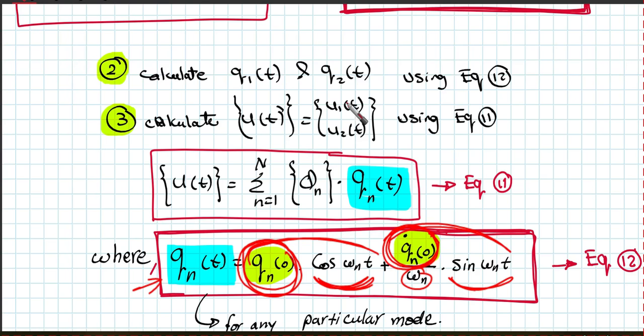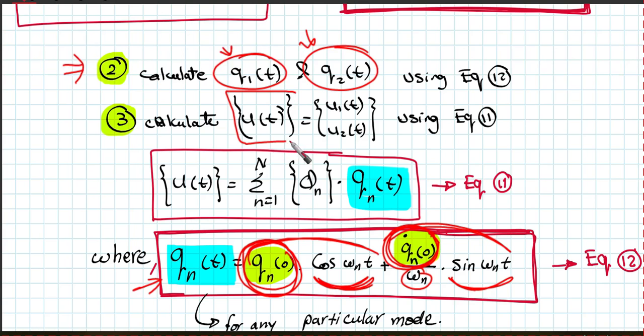So at the end, this is the second step, obtaining q1t and q2t. Well, if we got them, what is the next step? The final step is u of t, the total response at any time t for the first degree of freedom, and the total response at the second degree of freedom.